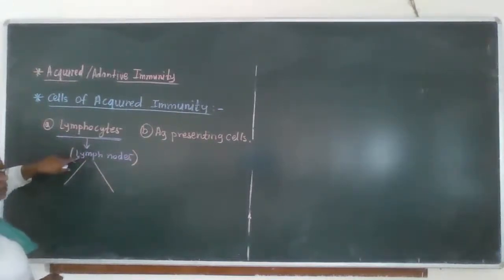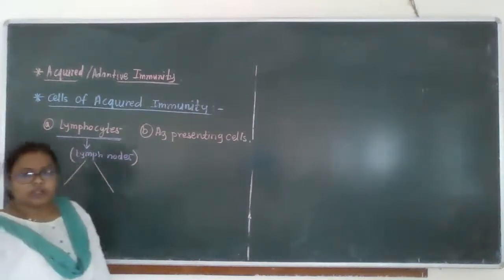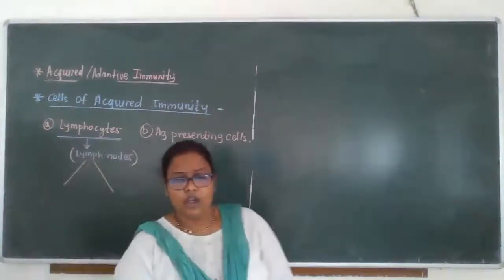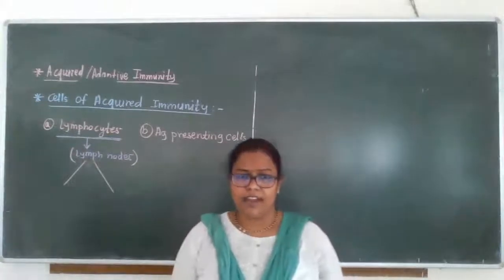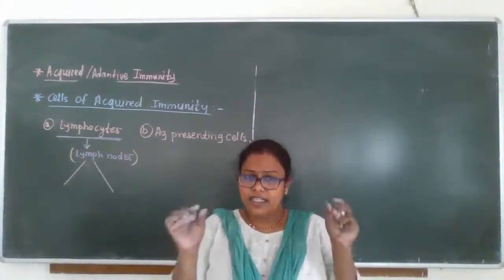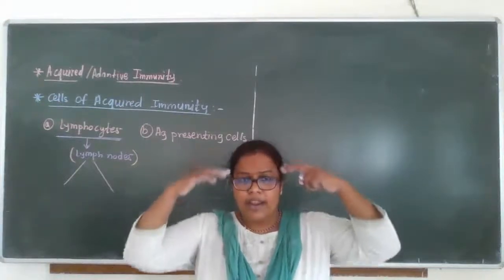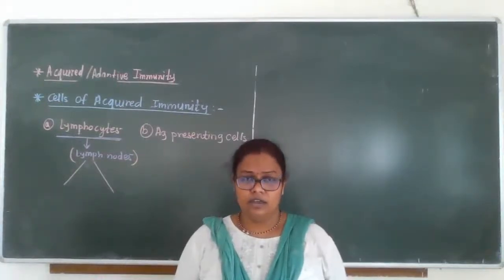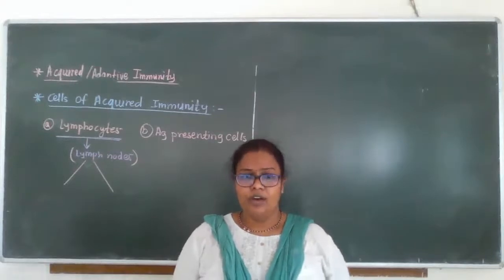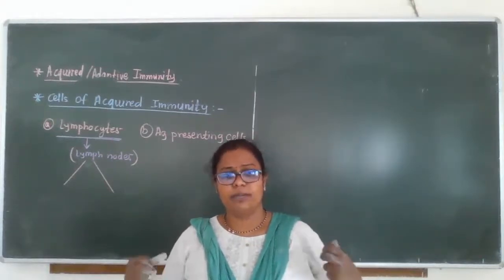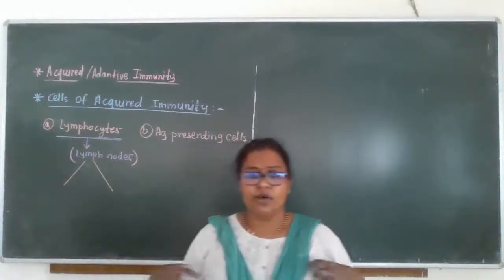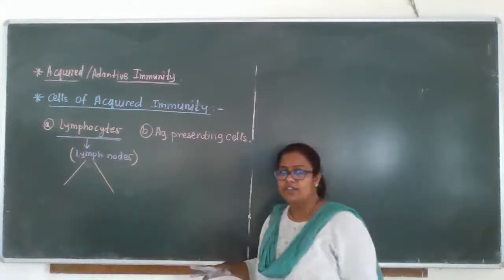Lymph nodes, everyone knows, no? You have studied this in the circulation topic. There is a network of lymphatic system in our body. The lymph nodes, the pin-shaped structures, are scattered from our head to our legs, right? Majorly they are found in our armpits and groin region.